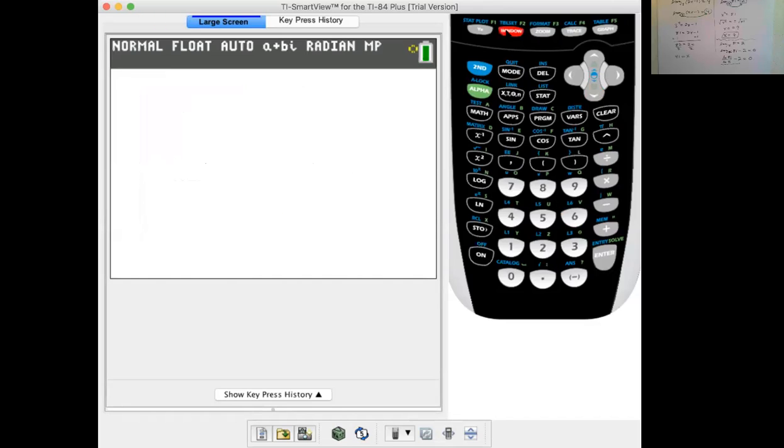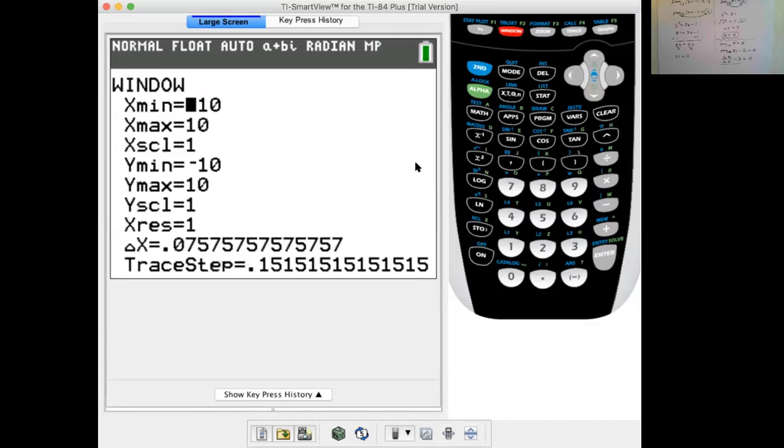So I'm going to adjust my window one more time, with a y min of negative 2. The negative button is here. And the y max, I'll go to 2. And we'll try graph again.